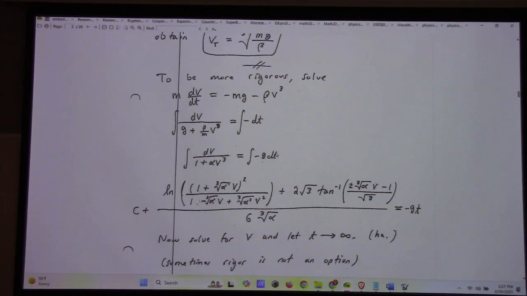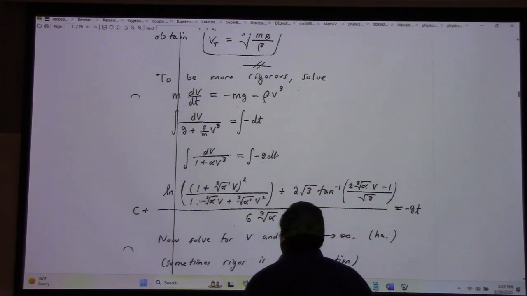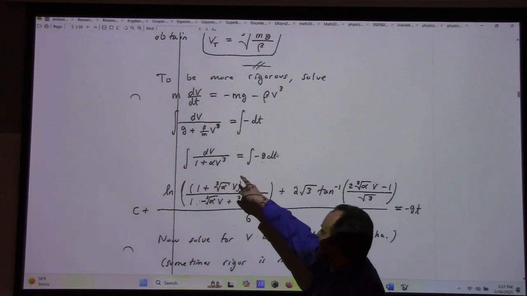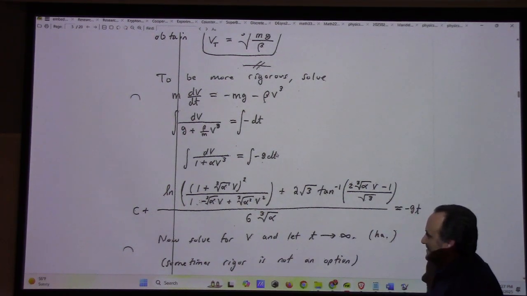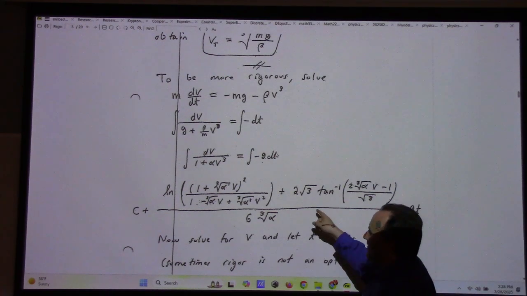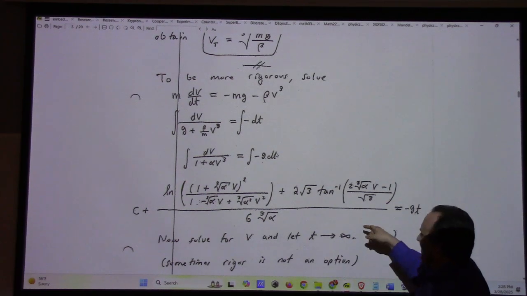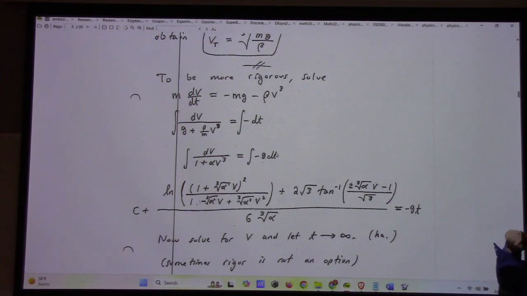I recommended not doing that to you guys when we talked about it before, but yeah, the integral of this is that. And then you can let t go to infinity, but you'd have to solve this for v first. I recommend setting the acceleration equal to 0 to find the terminal velocity. I think this is a better path.